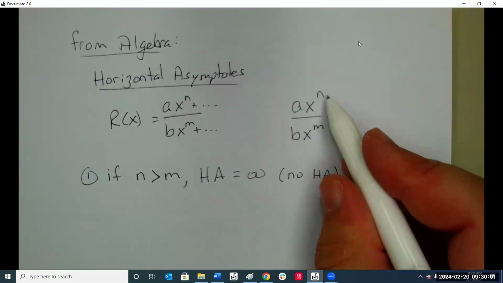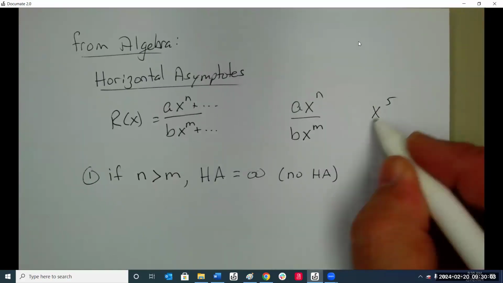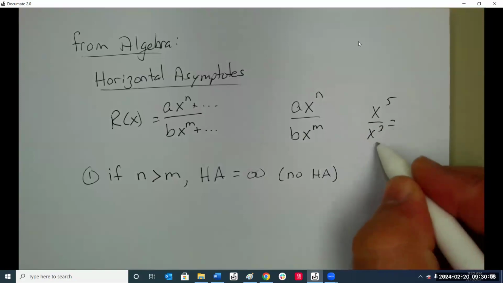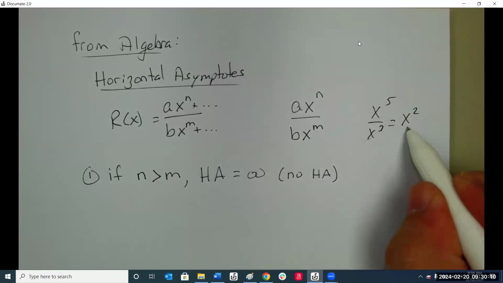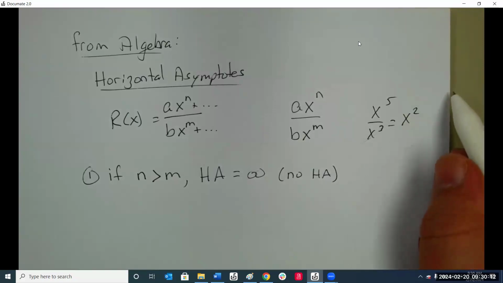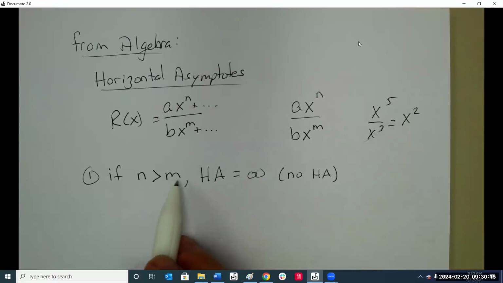Because if there's more on top, let's say we had x to the 5th over x cubed. Those cancel and we have left x squared. As x goes to infinity, it gets even larger. So if the top is bigger than the bottom, then it goes to infinity.